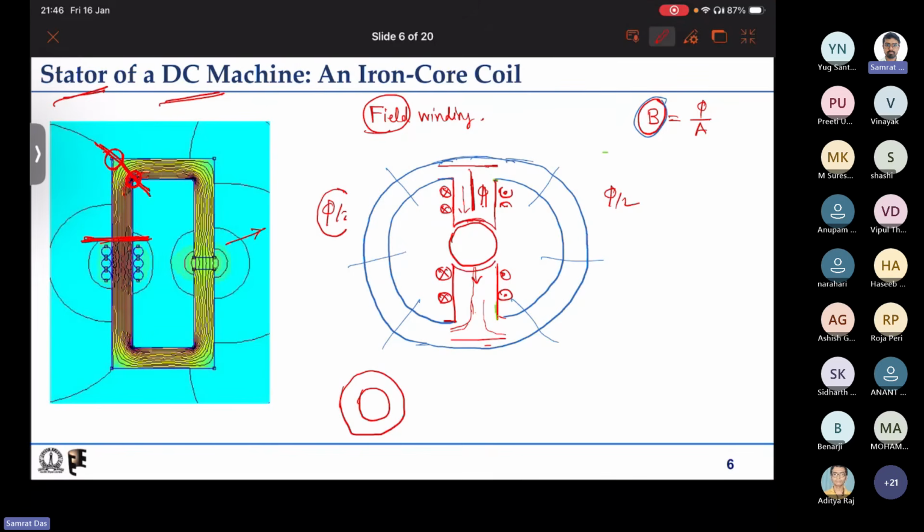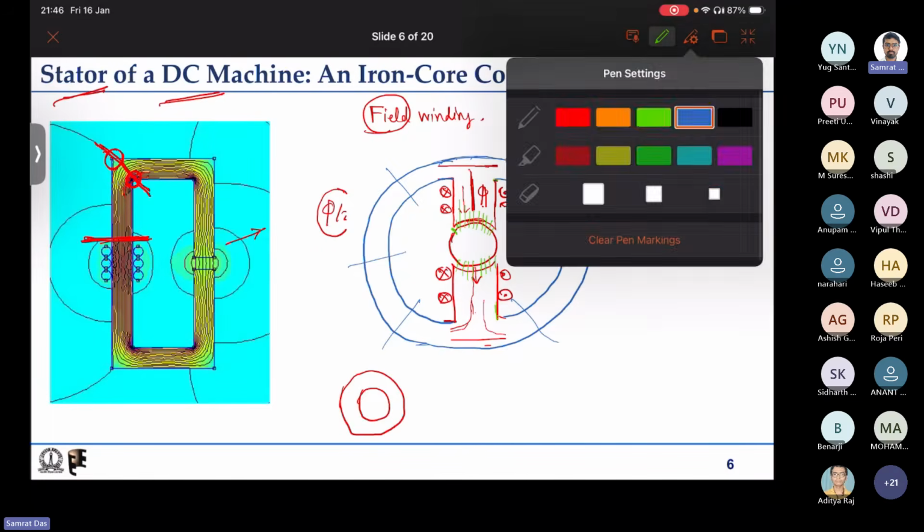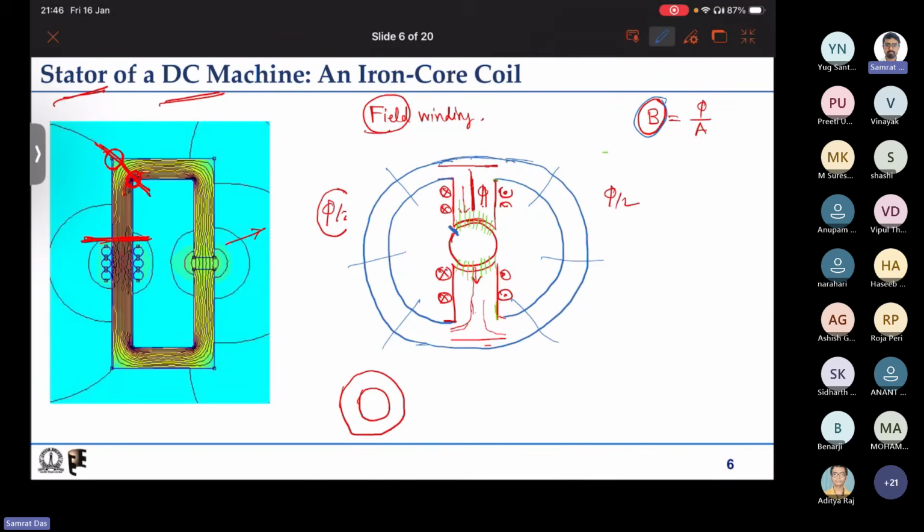We can make it circular, and if we do, then if I try to draw the flux lines in the air gap, it will be something like that, right? So you have high flux density regions only from this portion on the left to this portion on the right.